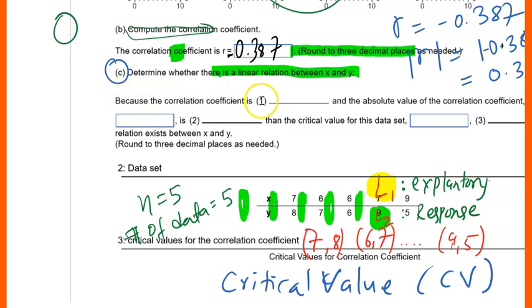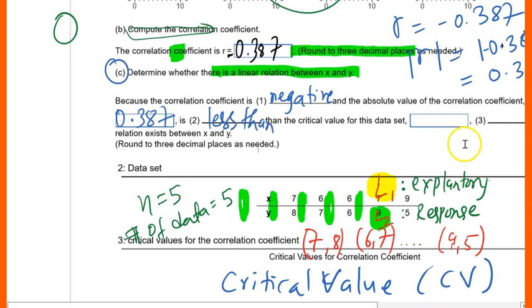Because the correlation coefficient is negative, and the absolute value of the correlation coefficient is 0.387, which is less than the critical value for this data set, which is going to be 0.878.